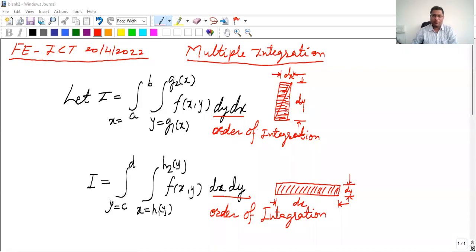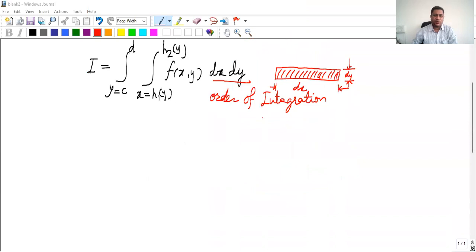Let us try to solve some examples. First, try to understand the order of the given integrals and then how to evaluate. All the formulas we have seen for integration remain applicable as they were. So let us try to evaluate the integral.